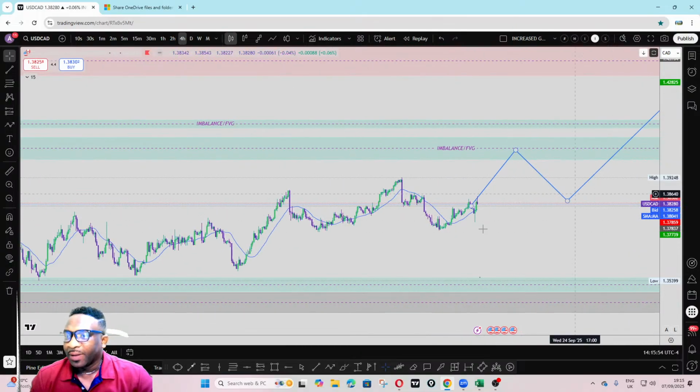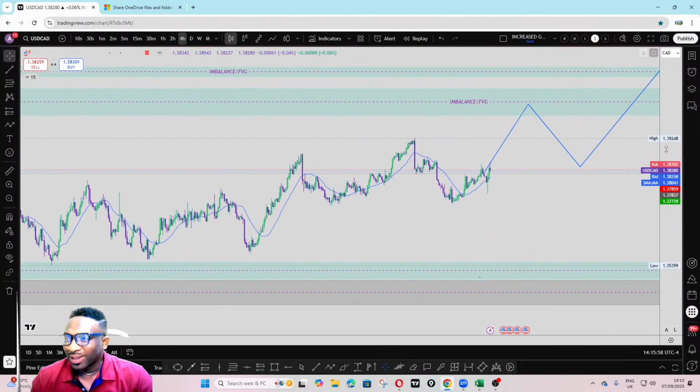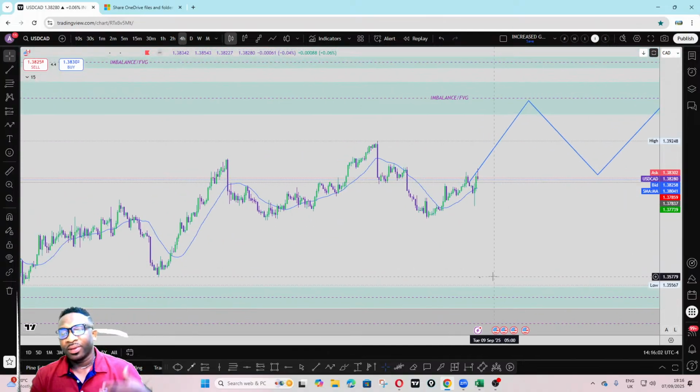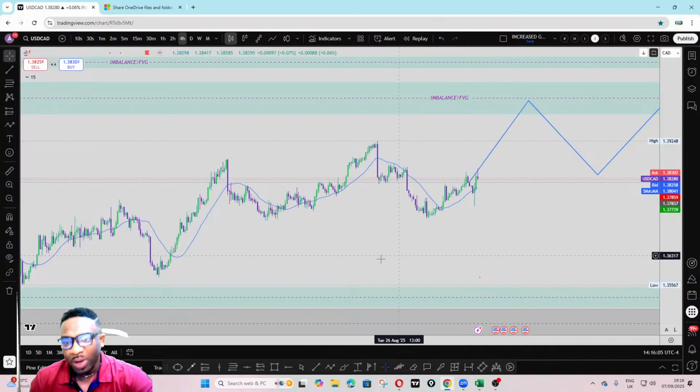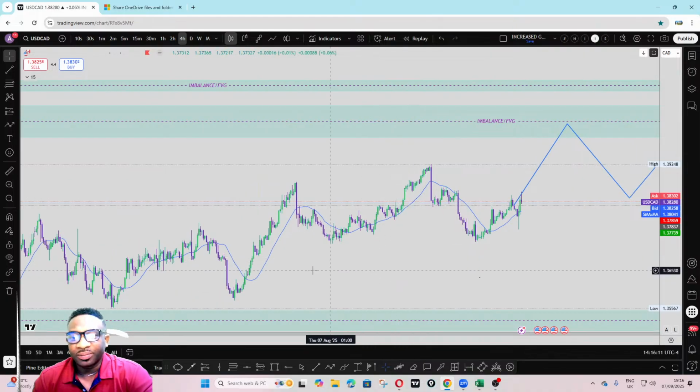So as I've said before, reading the market structure helps us to find the direction of where price is likely to go. And as I've also said, it's fractal.